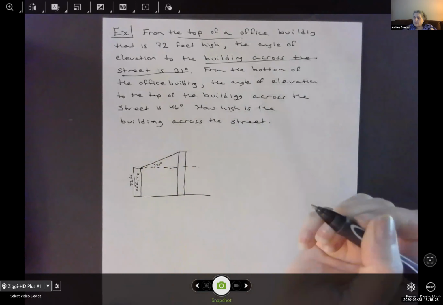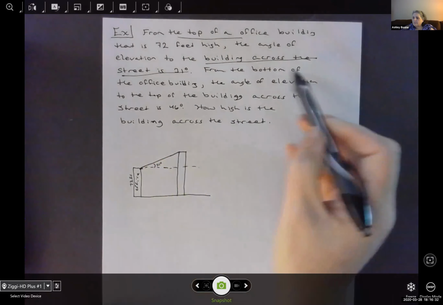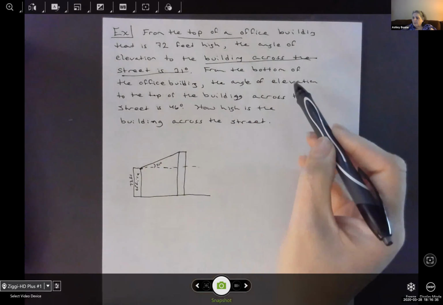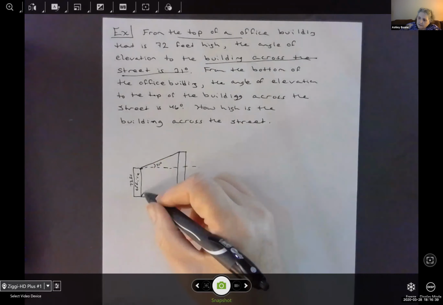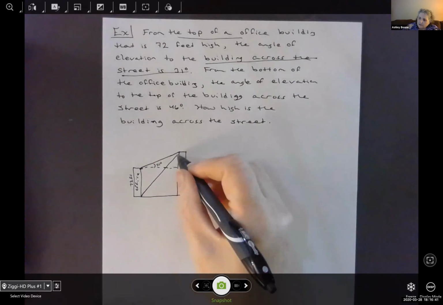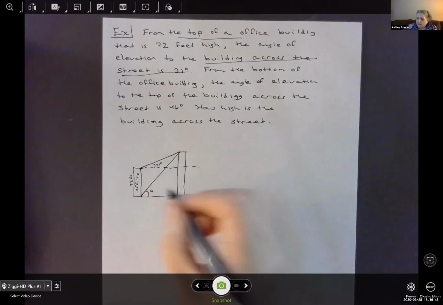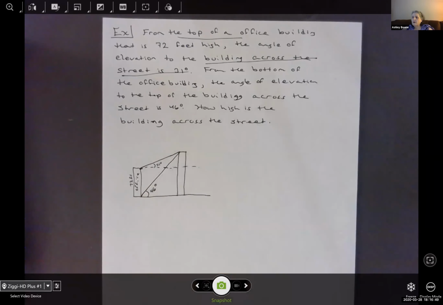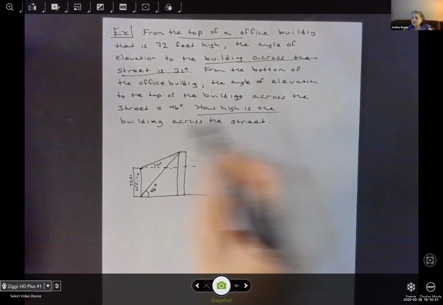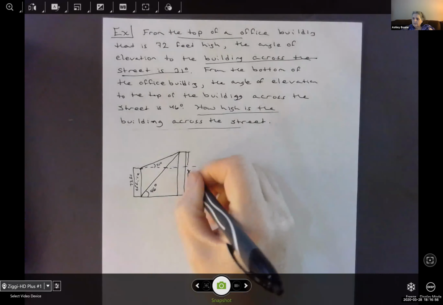From the bottom of the office building to the top of the building across the street, the angle of elevation is 46 degrees. And we want to know how high is the building across the street. So we're looking for this height right here.